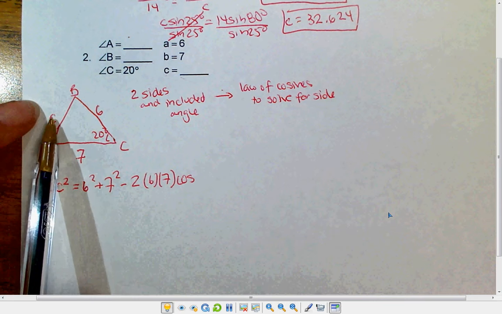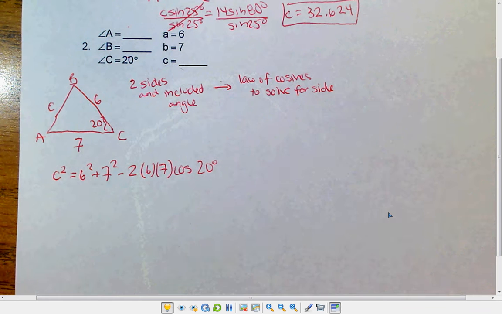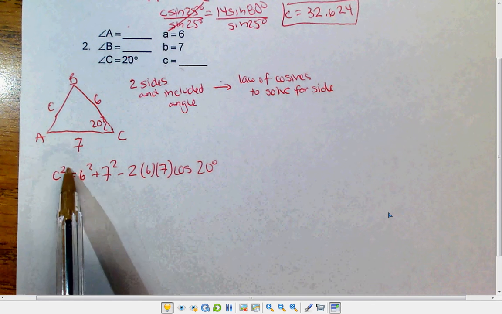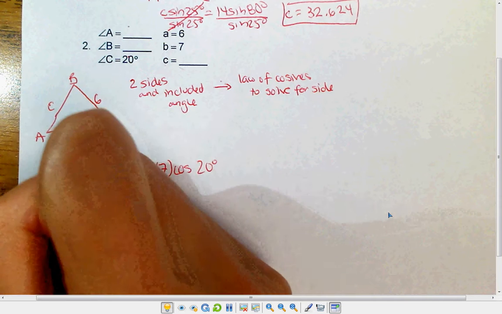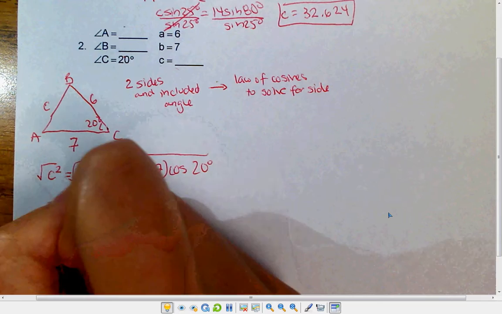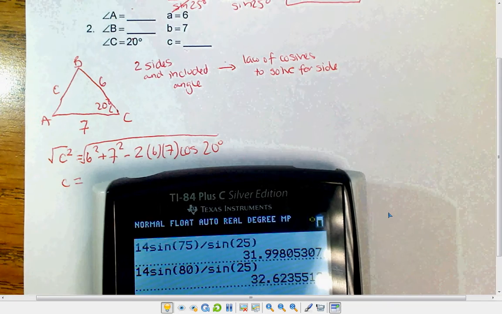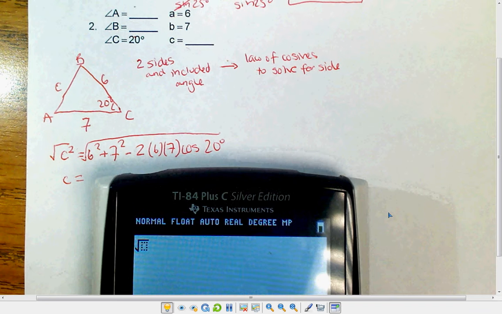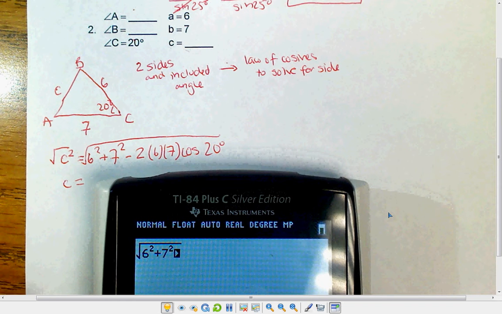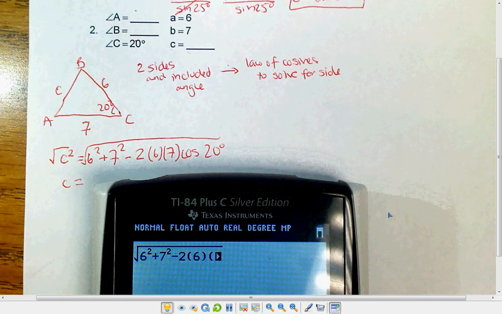So opposite of side C is angle C, which is 20 degrees. And now to get C by itself, I have to undo the squared. Opposite of squared is square root. So I'm going to square root everything. And so this is what I'm putting into my calculator. Square root of 6 squared plus 7 squared minus 2 times 6 times 7 cosine of 20.